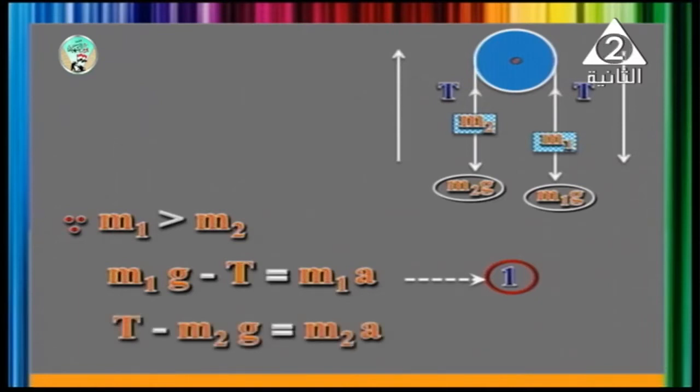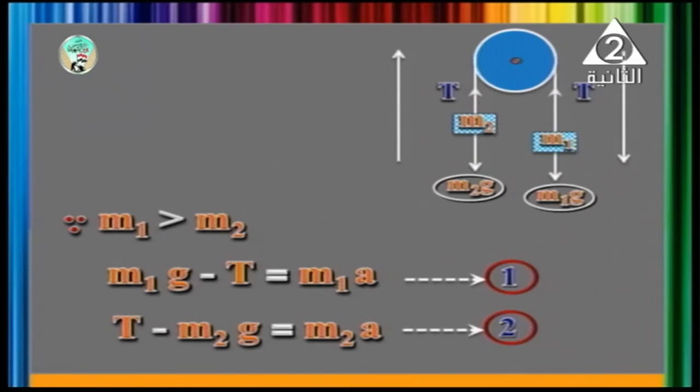The second equation, T minus M2G equals M2A. My dear student, we have two equations in unknowns. Is G unknown? No, 9.8. A is known, 196. T is unknown, the tension. Also M1 and M2.